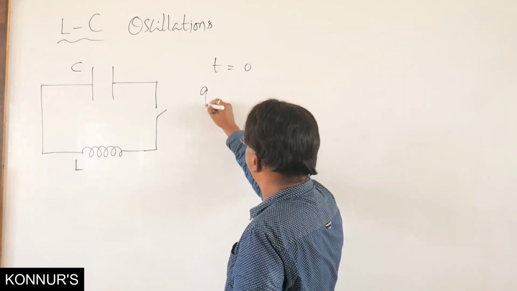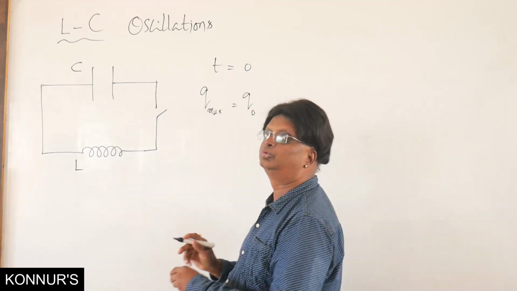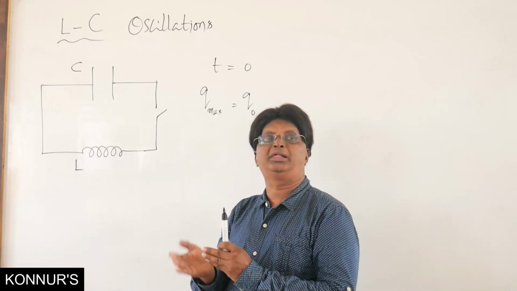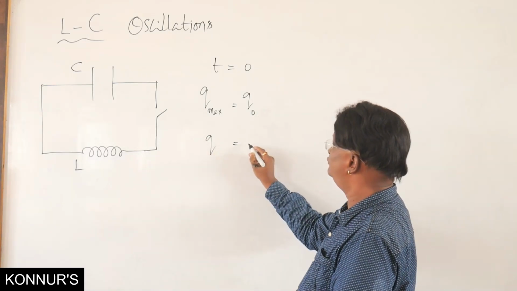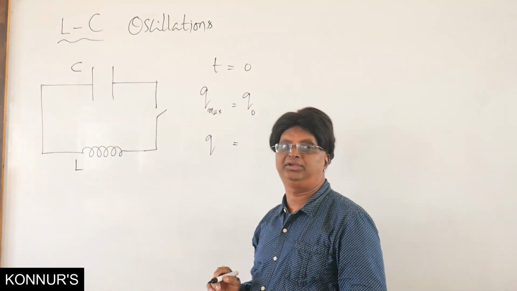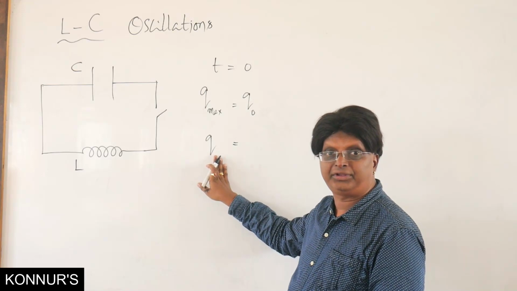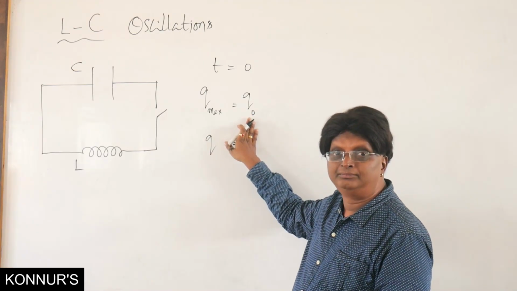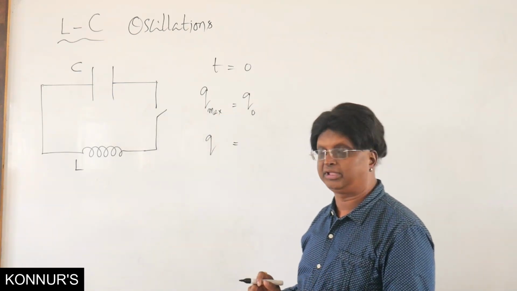the maximum charge on the capacitor is Q maximum, equal to Q naught. Then, while discharging or charging, I use another term, Q, which is called the instantaneous charge. So look at these symbols: Q for instantaneous charge, Q naught for the maximum charge at t equal to 0, the fully charged capacitor.